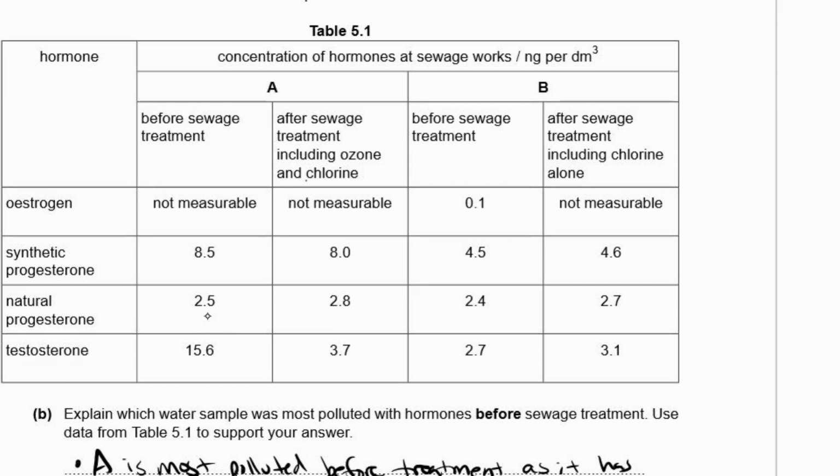Okay, with natural progesterone, it went up actually for both instances. So with natural progesterone, the treatment increased the levels for both of them. But testosterone, with ozone and chlorine, it dramatically reduced the levels, but without the ozone, it increased the levels. So we can mention those in our answer.